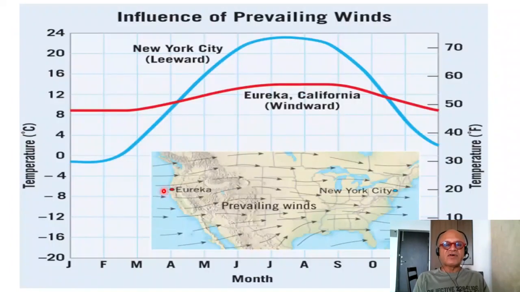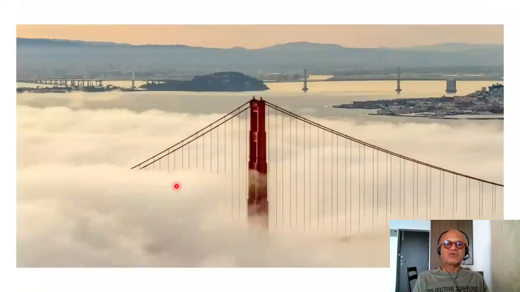Maritime influence here also creates some very unique things. There is a statement attributed to Mark Twain, though apparently he's not the originator of it, which says the coldest winter I experienced was a summer in San Francisco. So the moist air coming from the ocean hits the cooler air over the coast, and then it can reach saturation. So low-level clouds or fog get formed because of that advective moisture.